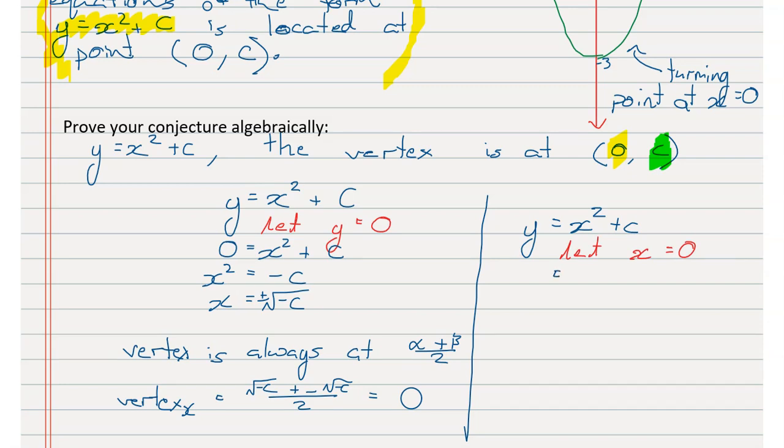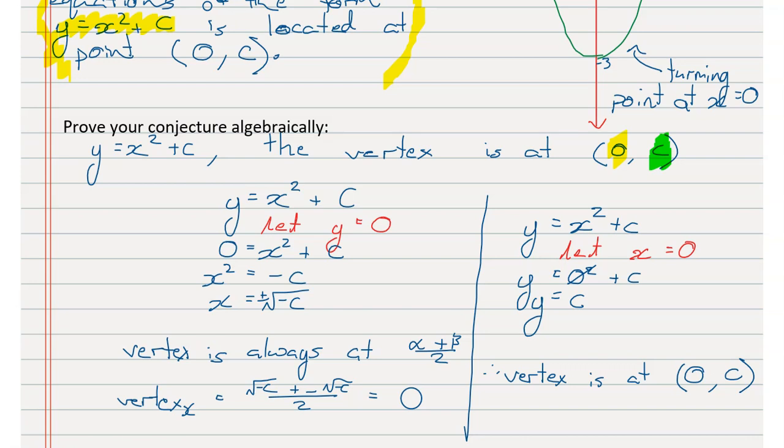Then y equals 0 squared plus c. 0 squared is nothing, and y equals c. Therefore, the vertex is at (0, c).